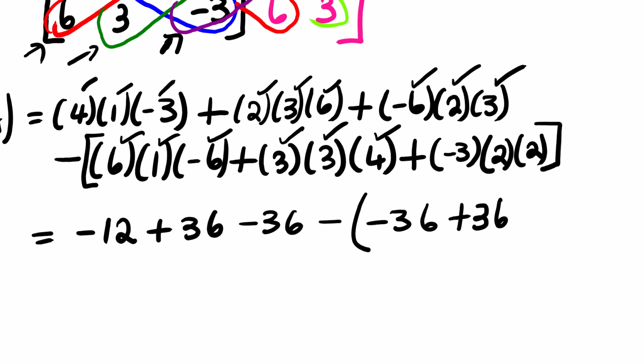Then the last one, we have negative 3 multiplied by 2, it's negative 6, multiplied by 2, it should give us negative 12.